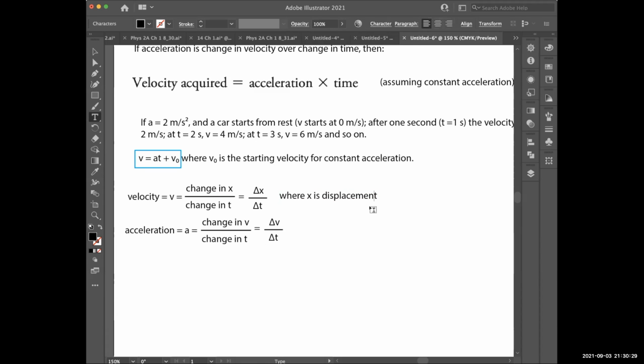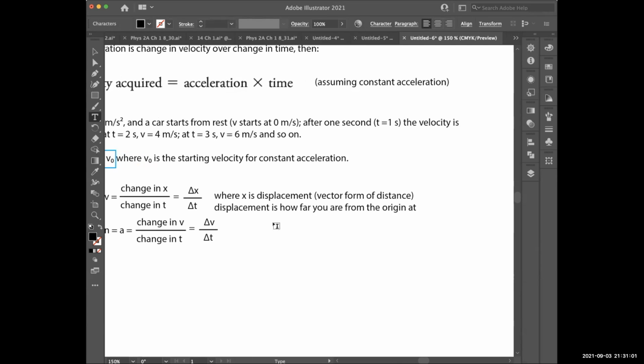It's how far you are from the origin at any given moment.